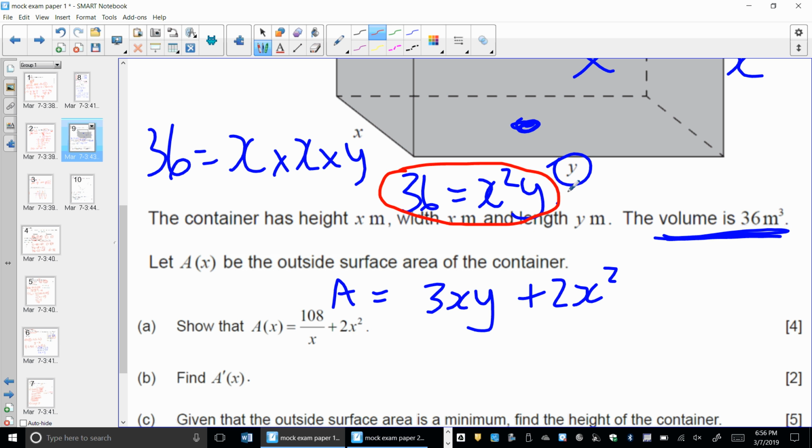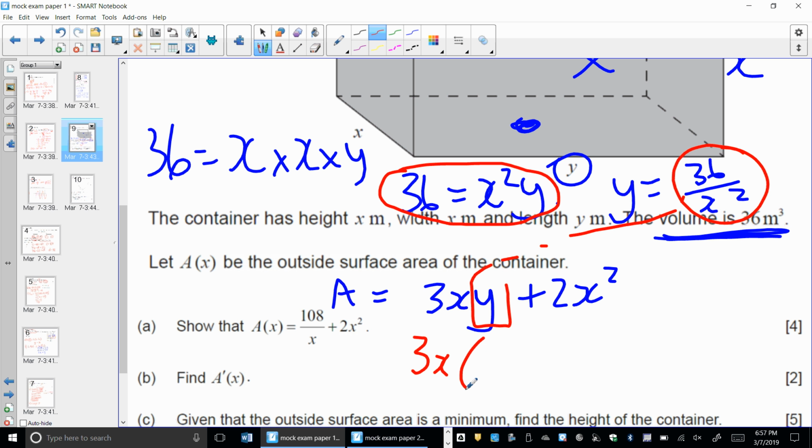So this is where this information comes in useful, because we can rearrange this formula to give us y equals 36 over x squared, and then we can replace this for the y here. So we've got 3x multiplied by 36 over x squared plus 2x squared.